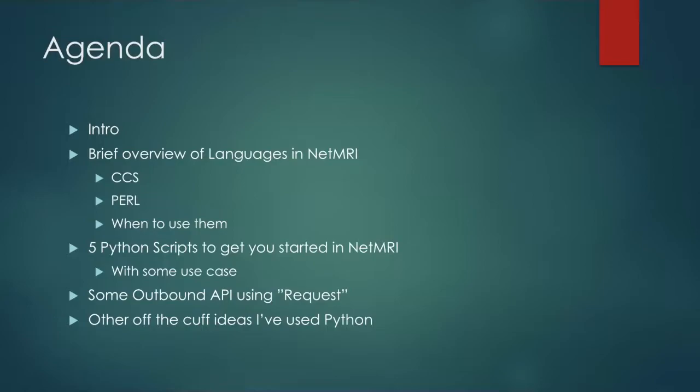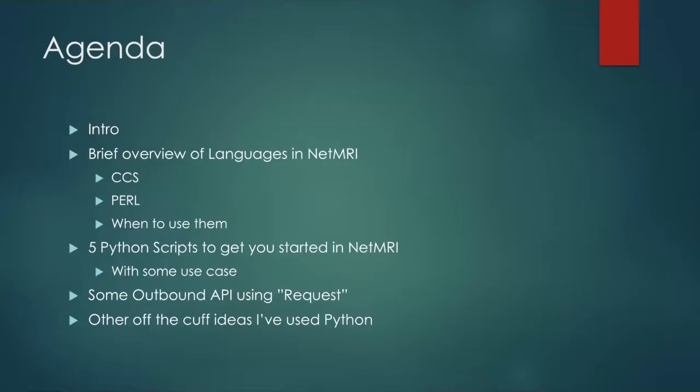The reason I love this product is that it's so versatile. For example, here's a brief overview of our languages. There's what we call CCS. CCS is actually built in, and I'm going to show you an example of that in a minute. It's the native language our engineers developed way back in the day. Perl was already part of it as well.